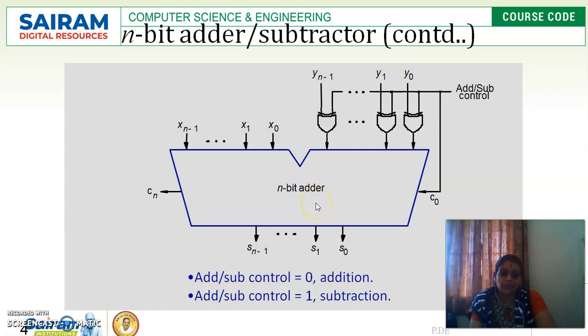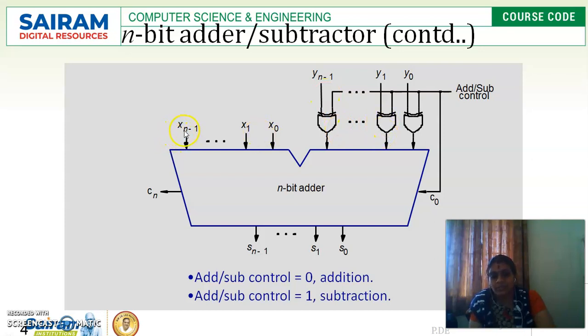If it is subtraction, what to do? Subtraction means A is subtracted with B. What is the main principle of subtraction? We have to find the 2's complement of the second number, which will be added with the first number, right? To find the 2's complement, here we are having the second input connected with the XOR gate, right?